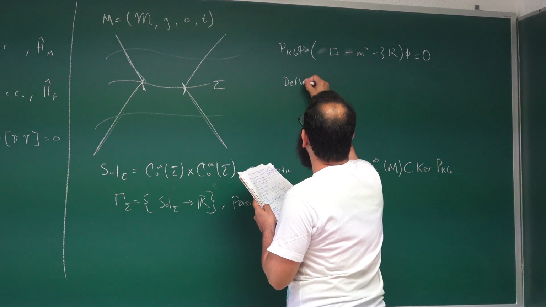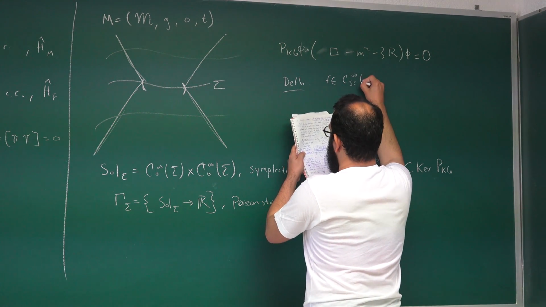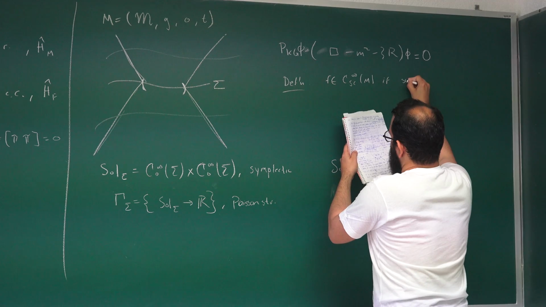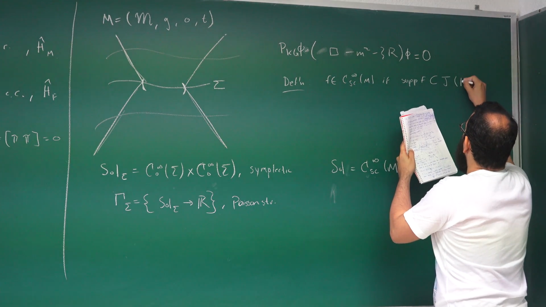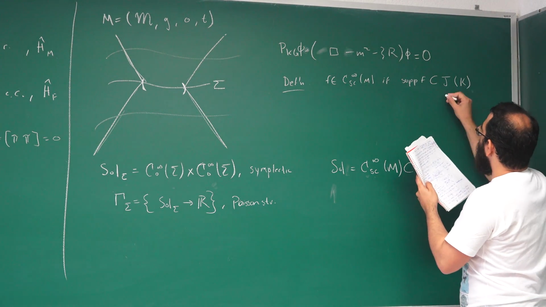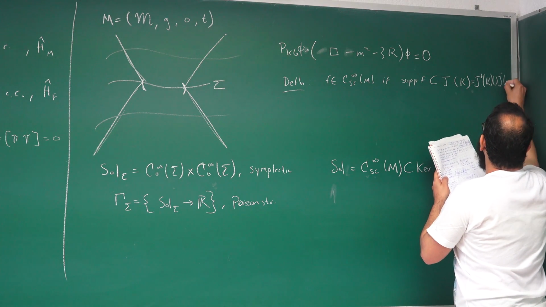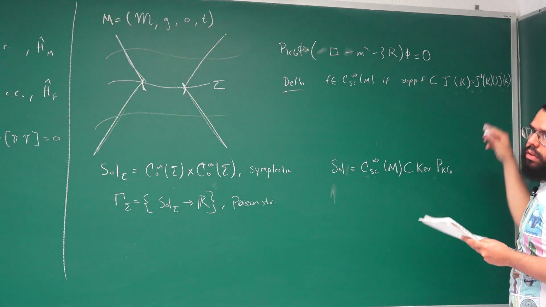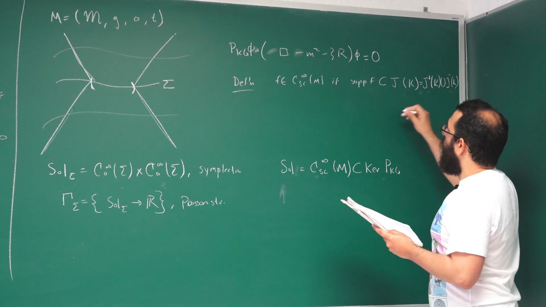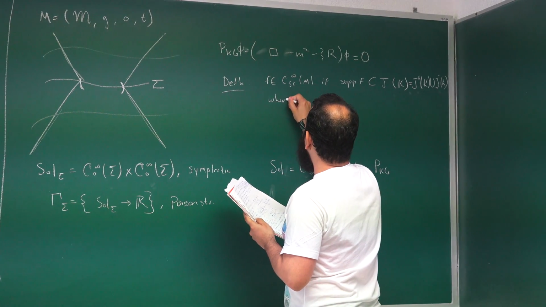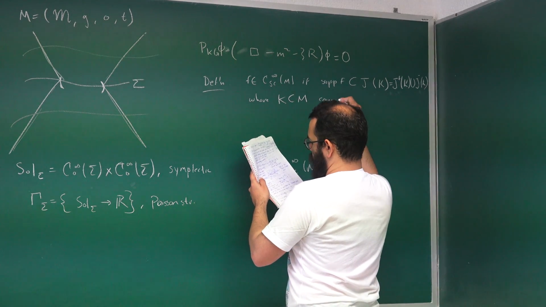A mini definition. F is a spatially compact smooth function if the support of F is inside J(K), where J, if you remember from our notation, I introduced these two: the causal future and the causal past of K, where K is a subset of M, but it's compact.